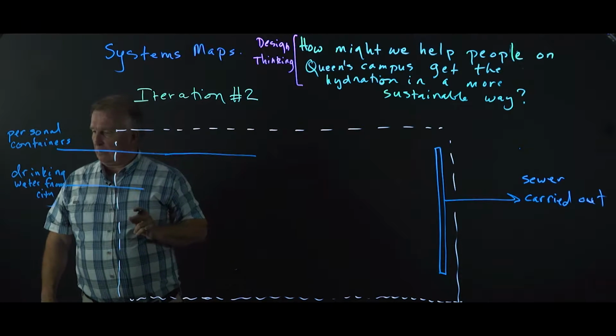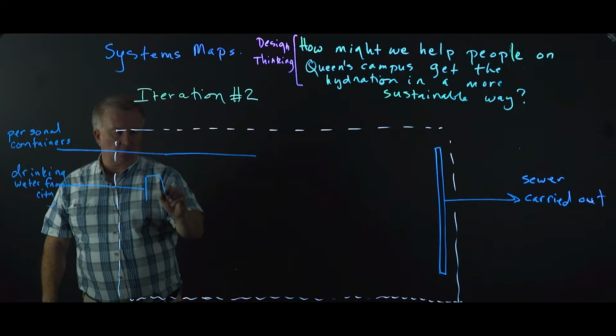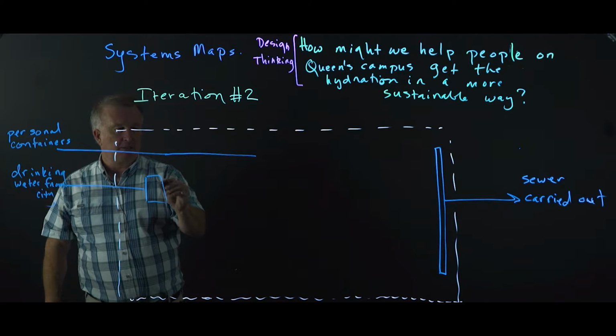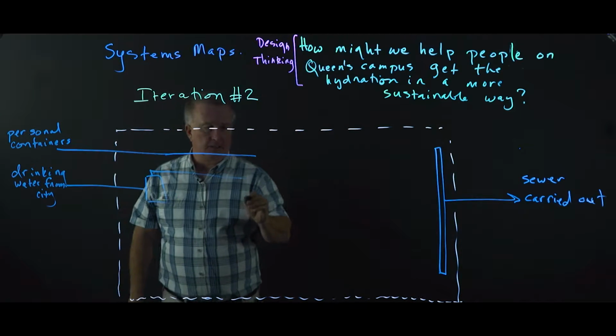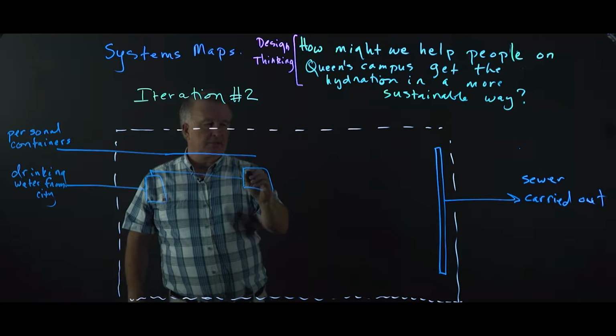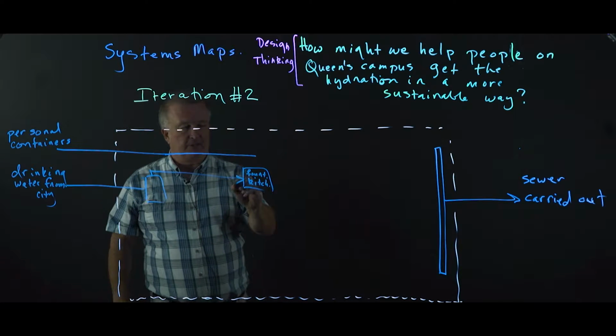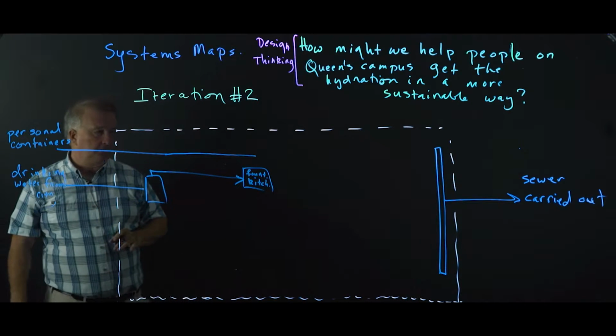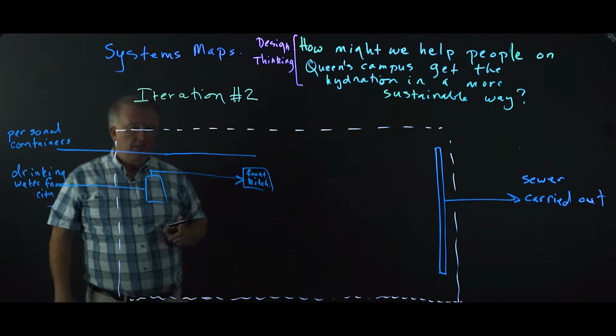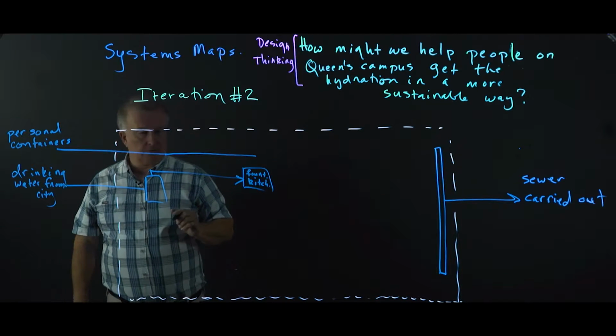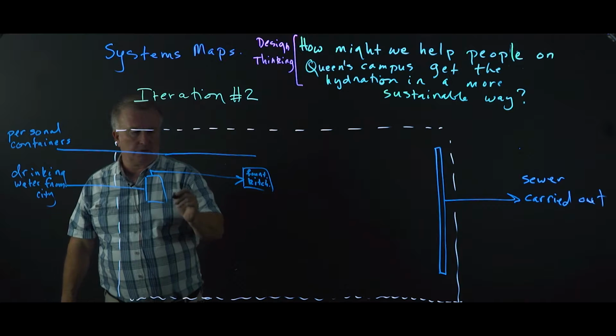So let's leave that one for a minute. But okay, so the water, remember we had this box and we said it gets used in fountains and kitchens. Okay, so now what I've done is I've actually bunched those two together. Okay. And then that water also gets used or is made available through retail.